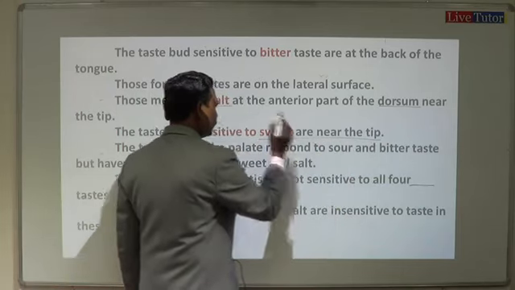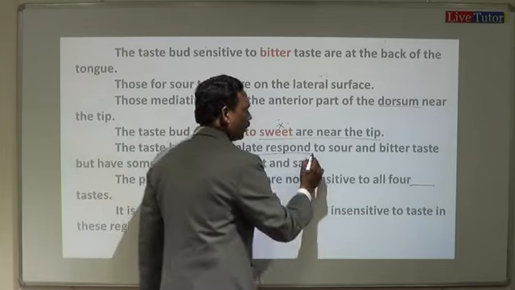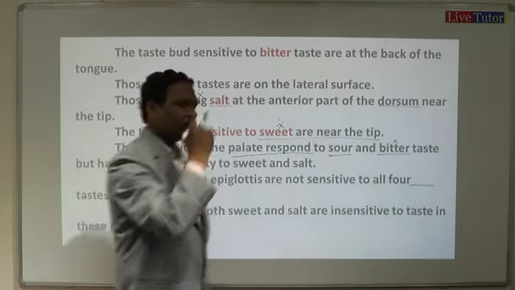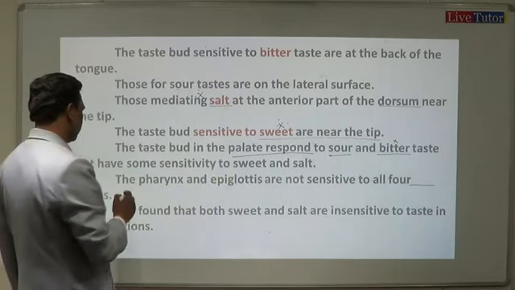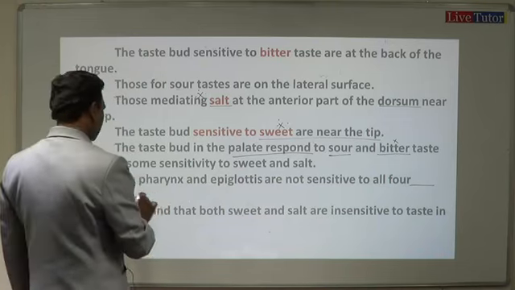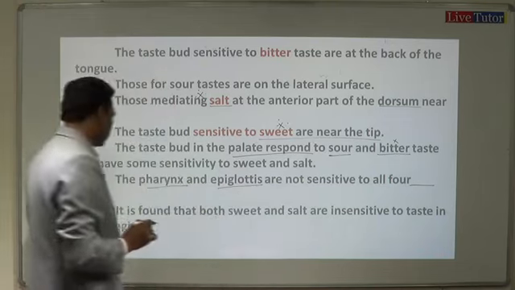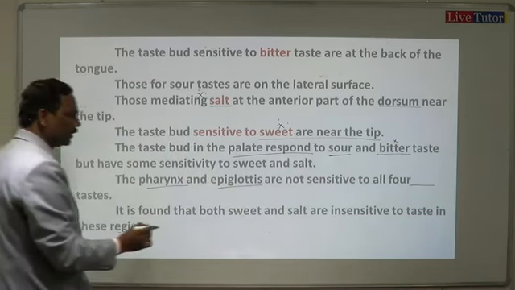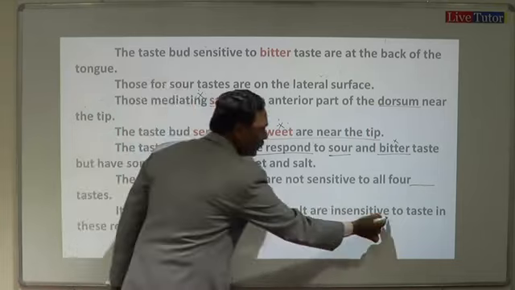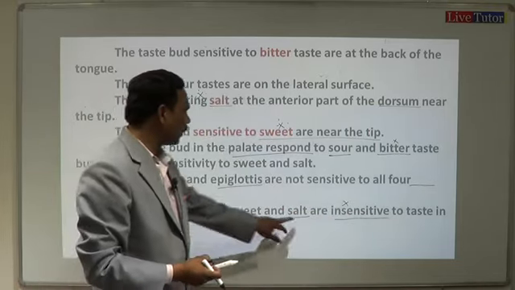Sweet at the tip. Then the taste buds in the palate respond to sour and bitter. Palate means the roof of the mouth. Another, sour and bitter, and some are sensitive to sweet and salt. Then the pharynx and epiglottis are not sensitive to all tastes, but it is found that both sweet and salt are insensitive.